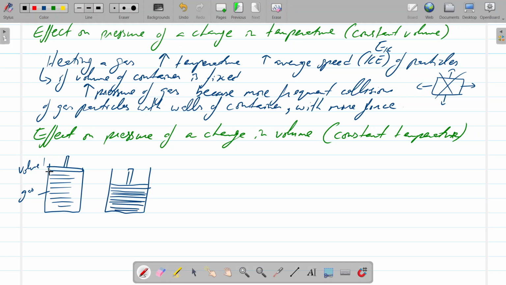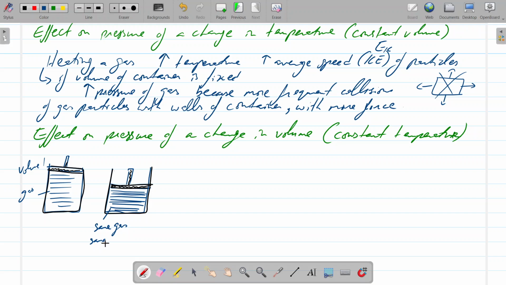So let me just make this black so it stands out. Okay. Now you've decreased the volume, right? So you still have the same gas, right?